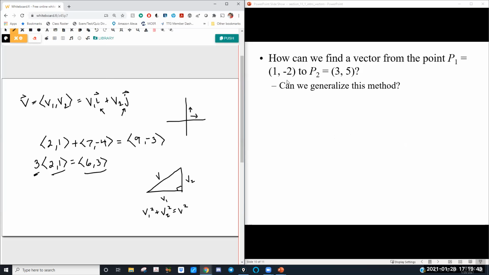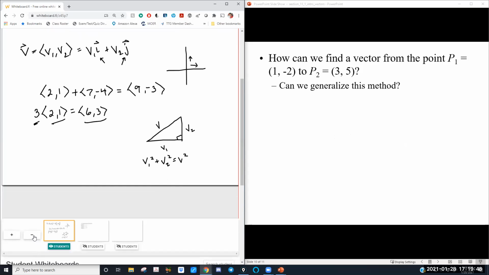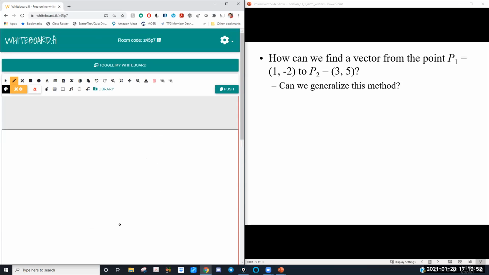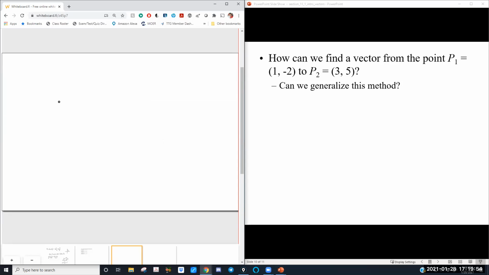All right, a vector between two points. If we have two points, so we have some point down here at 1, -2, I'm not going to worry about the axes, and we have some point up here, 3, 5.